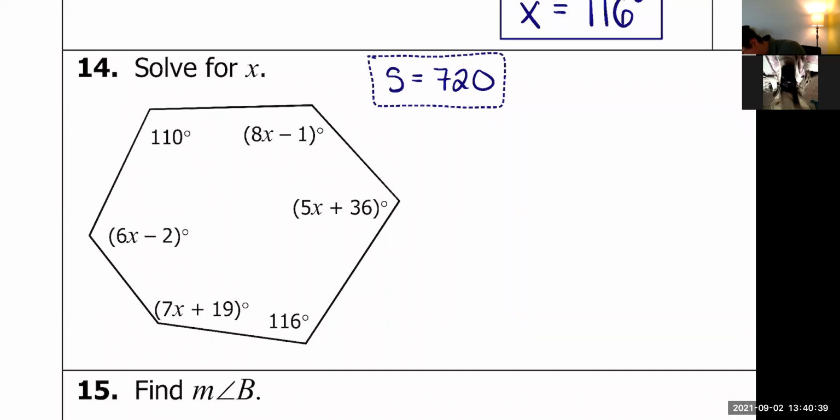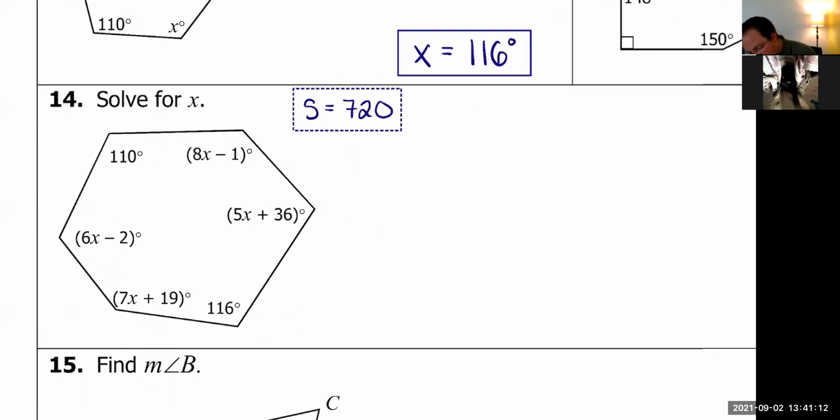So we know what it should be. But unlike previous ones, aside from just two of the angles where we have 110 degrees and 116 degrees, our x is scattered everywhere. That's okay, because if we take it for what we know should be, shouldn't it be true that if I add all those angles together, regardless of what they look like, it should still equal 720?